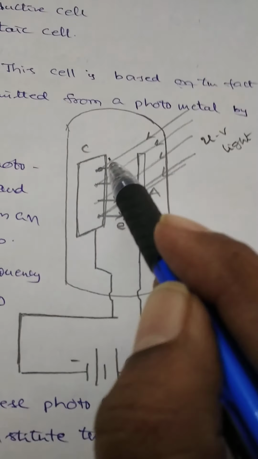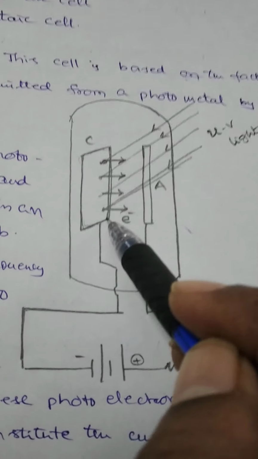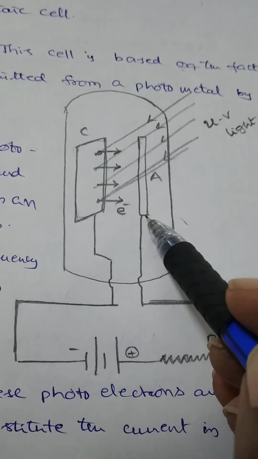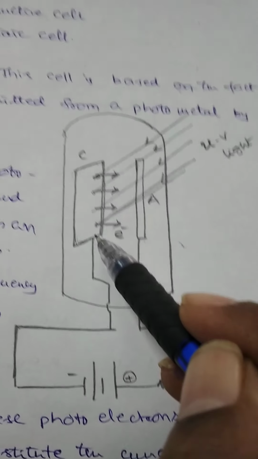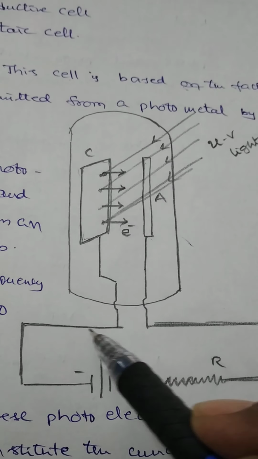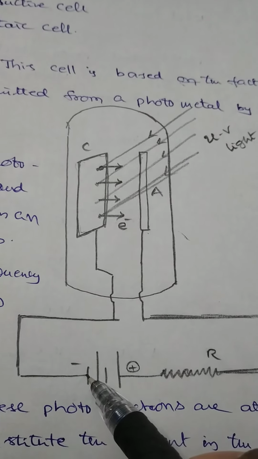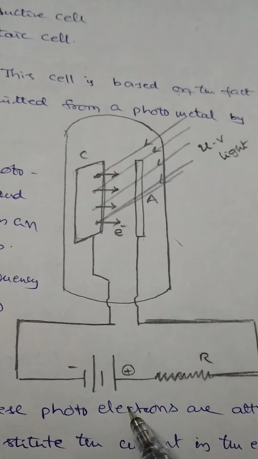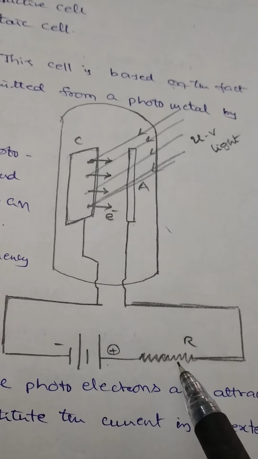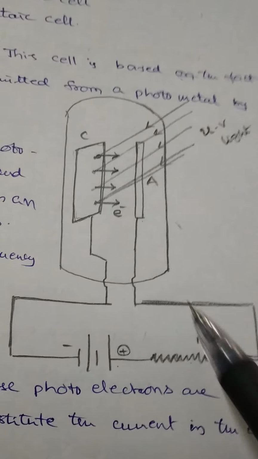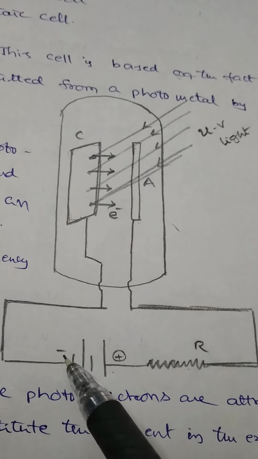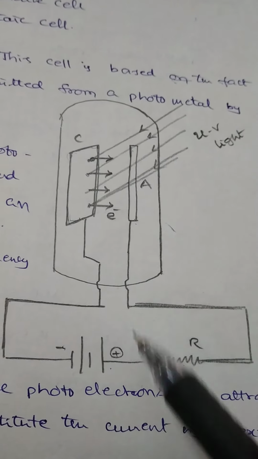In general, it is a plate C. This is the plate A. The plate C is connected to the negative plate of the battery. A is connected to the positive plate of the cell through a resistance capital R. That's why C is called the cathode, A is known as the anode.